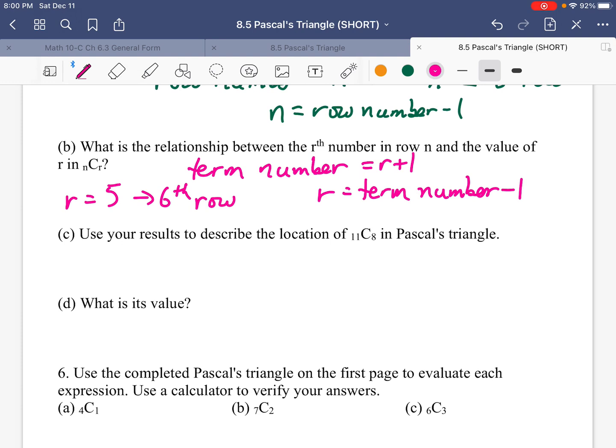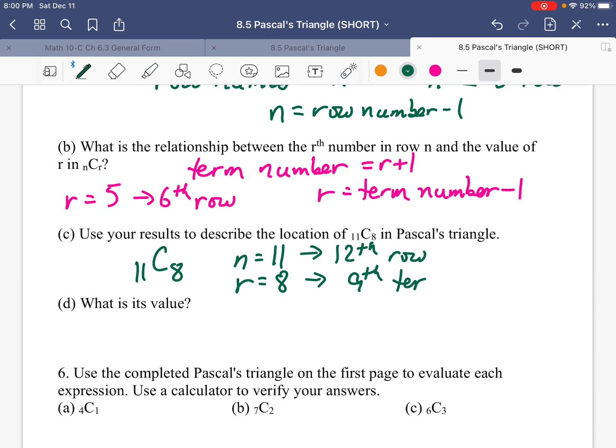Okay. Now, use your results to describe the location of 11C8 on Pascal's triangle. Well, 11C8, n equals 11, so we're in the 12th row. And r equals 8, that's the 9th term.